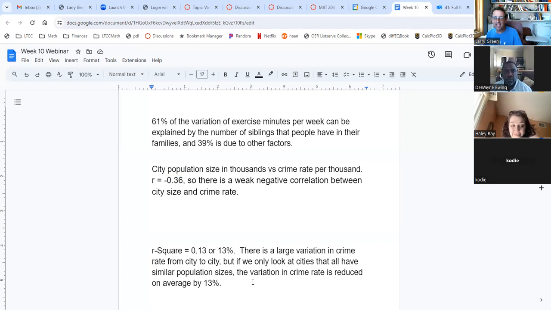Oh yeah, and I should remind you, this is week 10. And what's important about the number 10? Yeah. It's an even number, so it's an exam week.